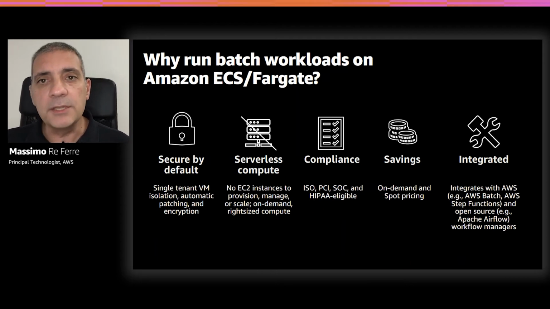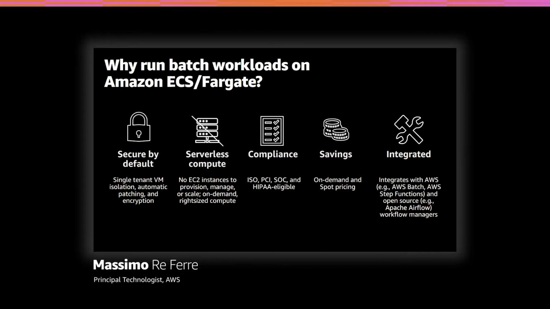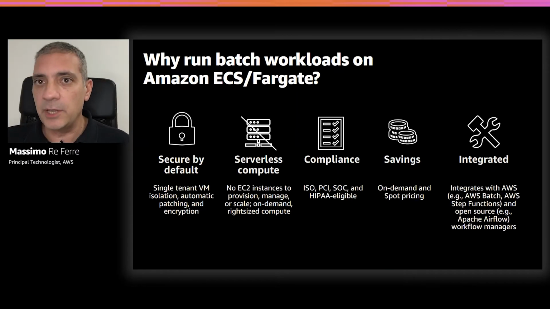Last but not least, Amazon ECS and Fargate are also tightly integrated with other AWS services. We will talk about AWS Batch and Step Functions, for example, but also open source software, like Apache Airflow. And Greg has a great part in this presentation where he's going to talk about how they use Apache Airflow in conjunction with Amazon ECS and AWS Fargate.